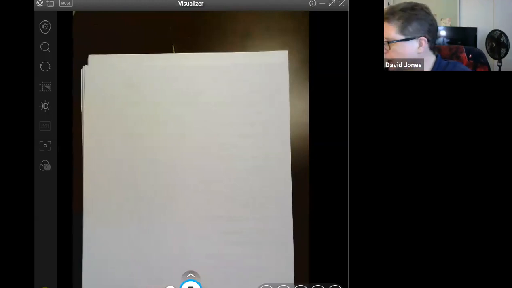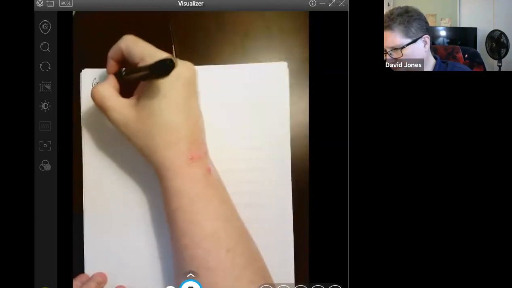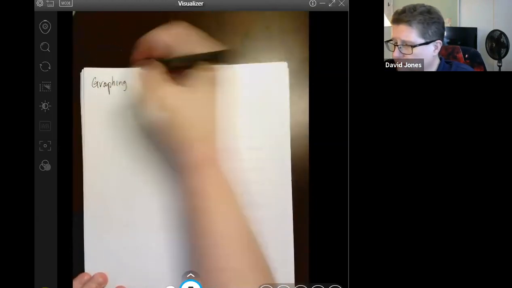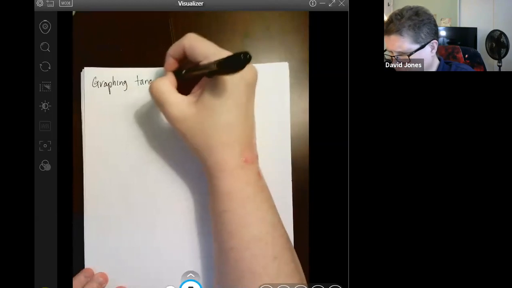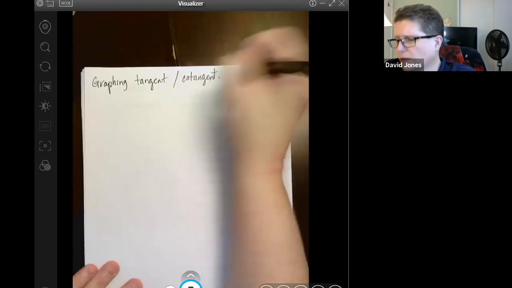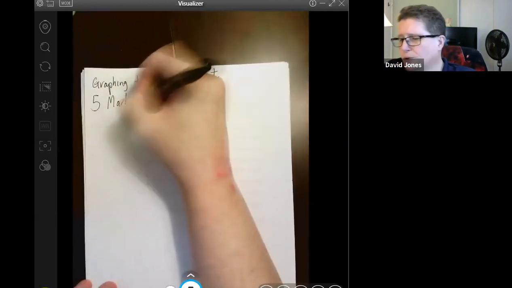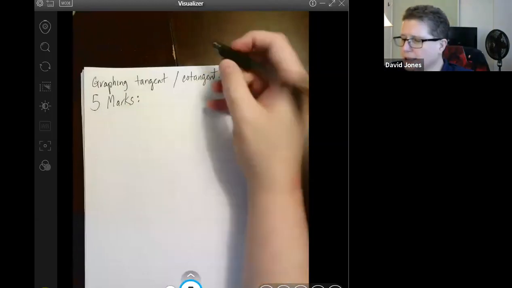Okay, so let's talk about the 5 points I worry about when I'm graphing tangent and cotangent. We had 5 marks for sine and cosine, the endpoints, the midpoint, and the 2 quarter points.